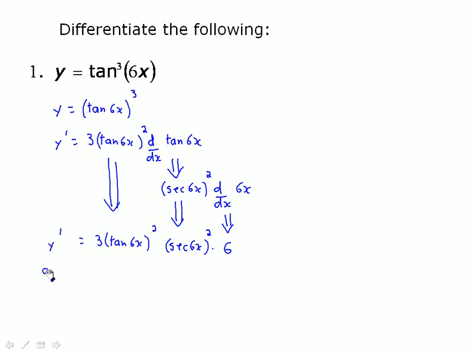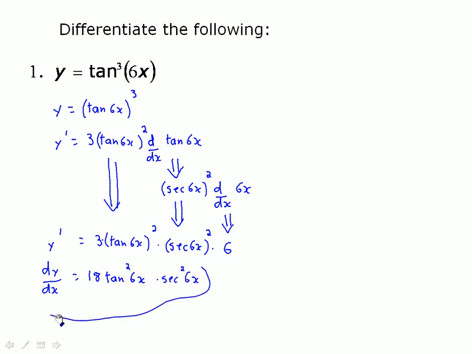Now putting this in a better form, the derivative of y with respect to x. Be really careful. This is 3 times 6. It's 18. So you multiply the numbers together, and everything else is being multiplied together. And then we have tan, and I'm going to put this back in the normal form, tan squared 6x multiplied by secant squared 6x.